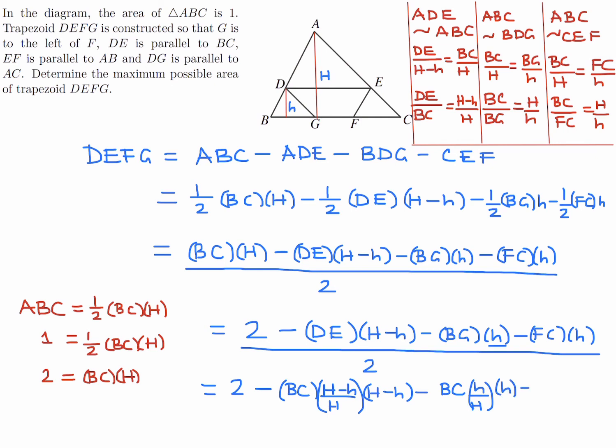And then finally FC, I will get a relationship from this one, and that's going to be BC times, again, small h over big H. And don't forget that small h right there. There we go. And also don't forget this is all over 2.